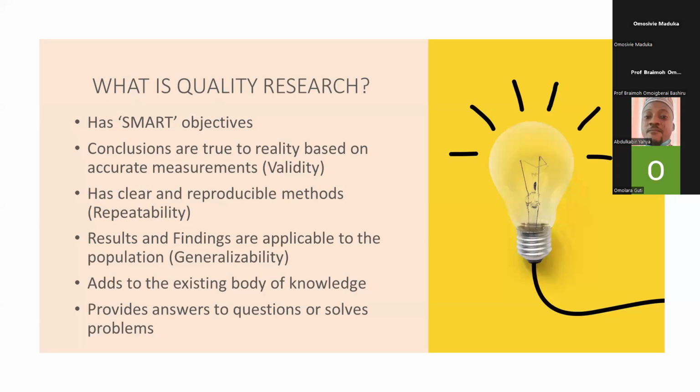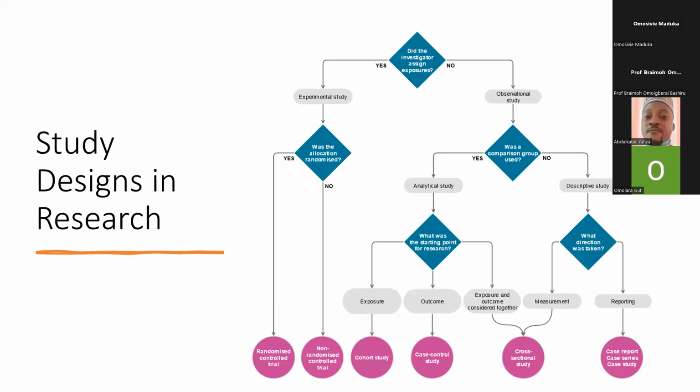So the way the sample was recruited, the way the sample was found, the way the sample was included is actually representative of the population. Therefore, whatever results come out of that research endeavor, it is easy to apply to the general population. And finally, like we have said before, if these things are in place, research that will be of quality will provide answers to questions or will solve problems.